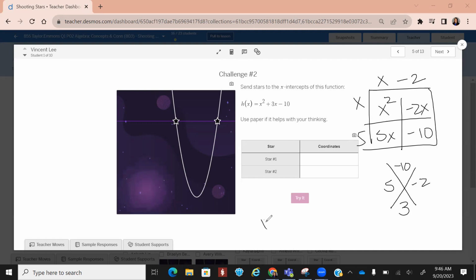Okay, so we have x minus 2 and x plus 5. How do we solve that? We're not going to distribute. We're going to set it equal to 0. So that's going to give me 2, comma 0 and -5, comma 0.